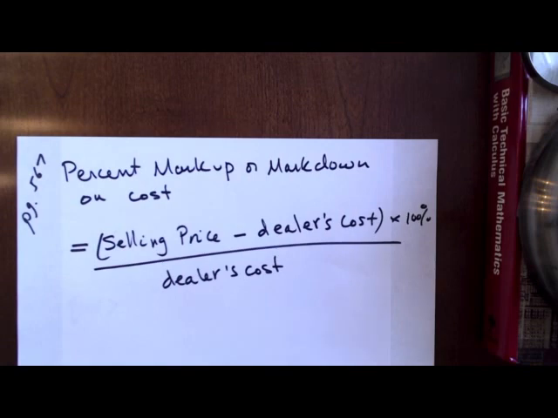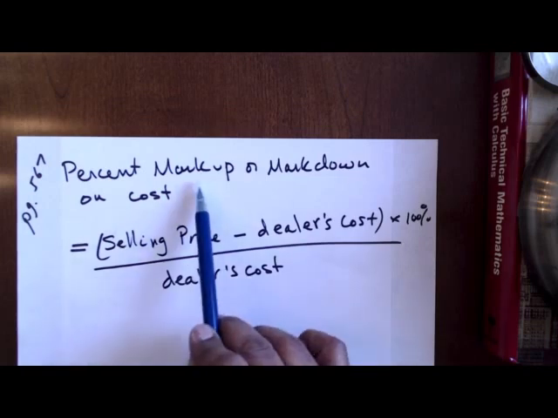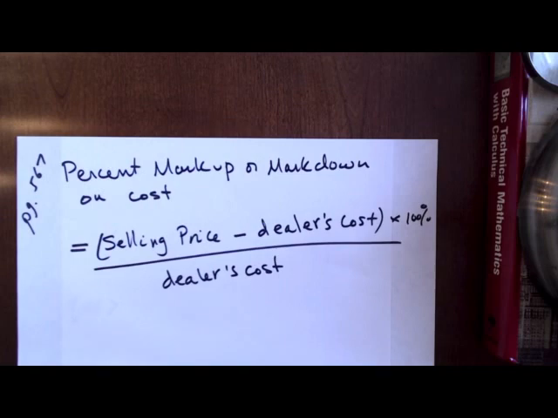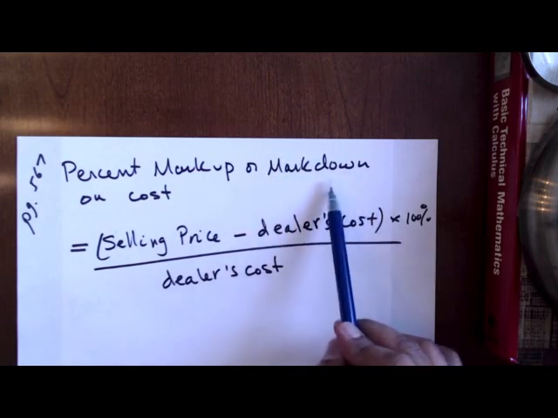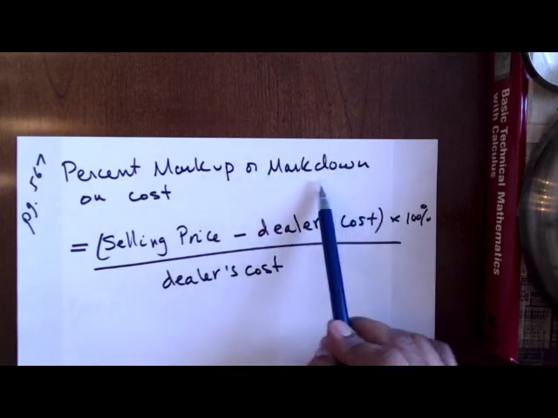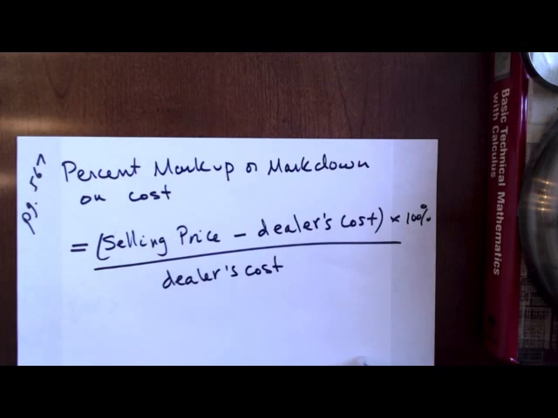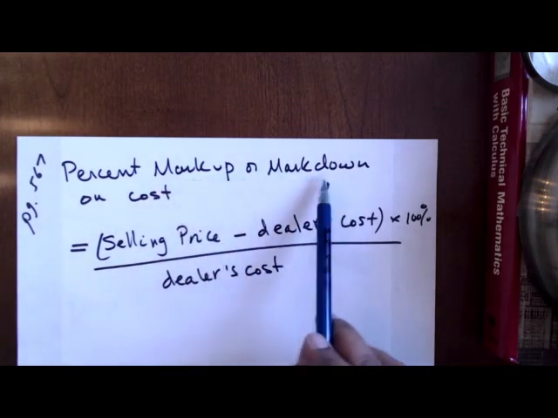So in this formula, if the result that you get is positive, that means that the number is marked up, increased. If this number is negative, that means that it's a decrease. And so when you do the homework, make sure that you understand what these concepts mean.